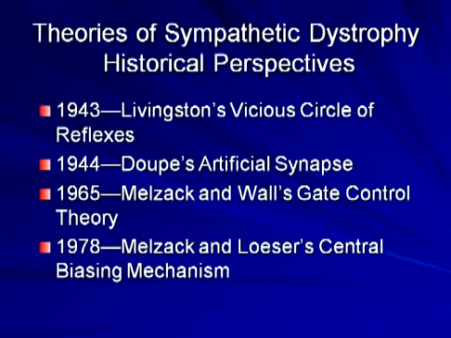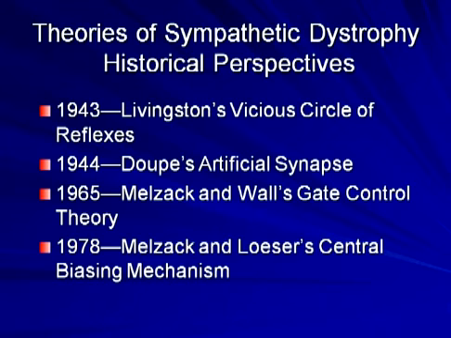Now, historical perspectives on the theory of sympathetic dystrophy. Livingston was a neuroscience investigator, and he proposed that there was a vicious, what he called a vicious circle of reflexes, hence the term reflex in the term reflex sympathetic dystrophy.